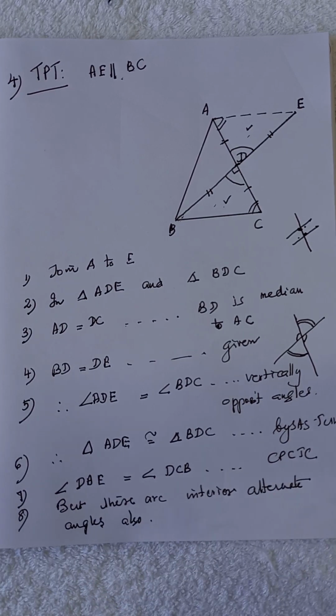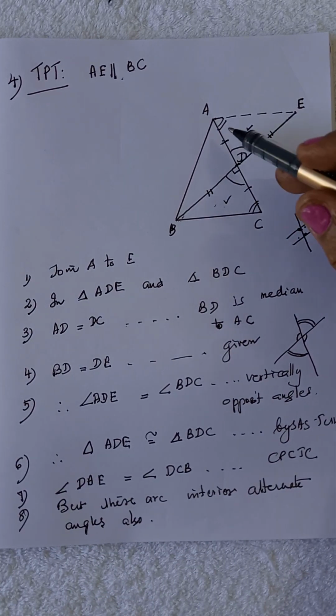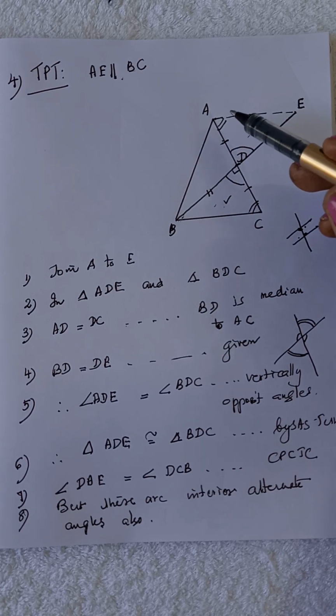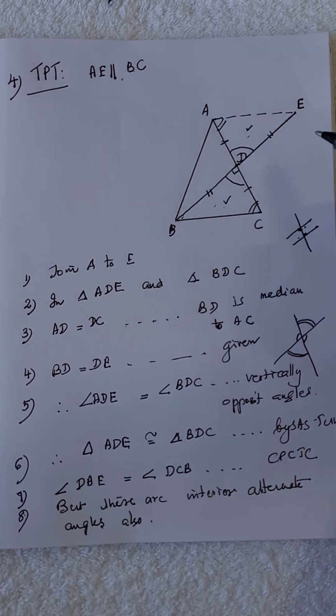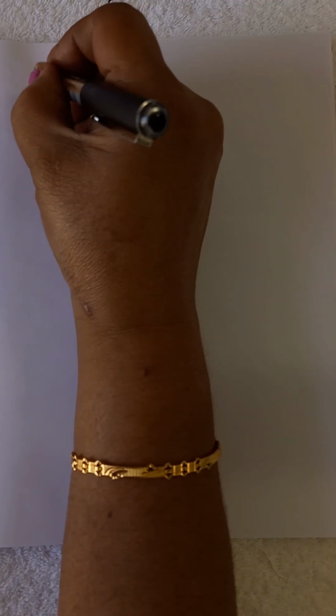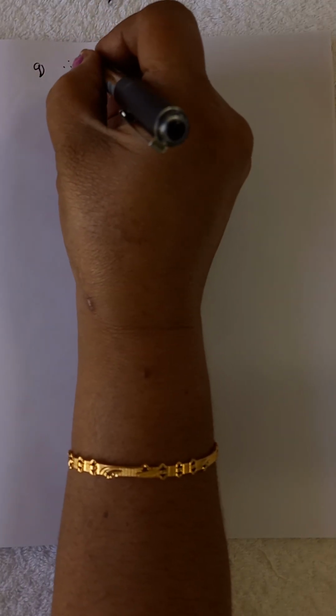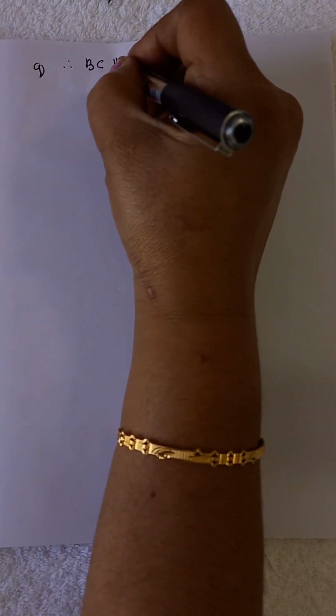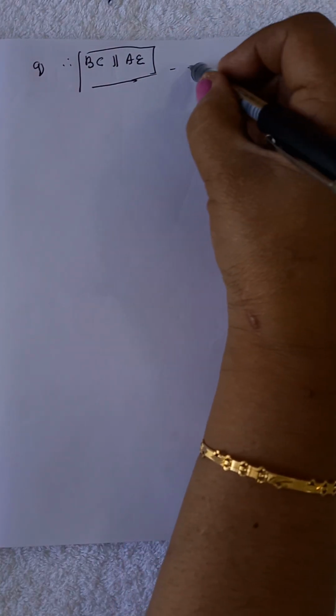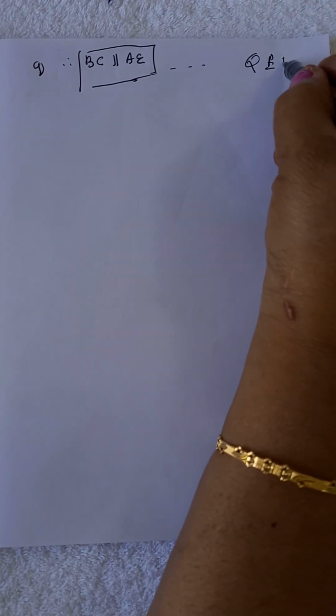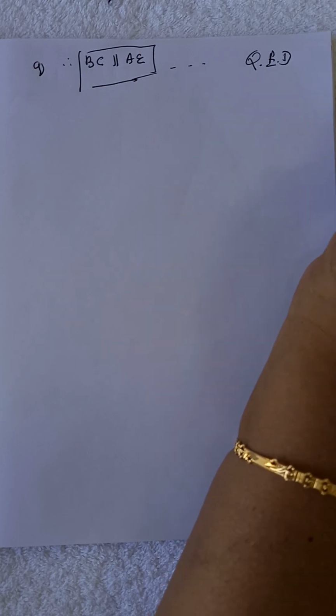So interior alternate angles means two parallel lines should be there. So BC is parallel to AE. So the ninth point is, therefore BC is parallel to AE. So we have proved QED. That is, what we had to prove.